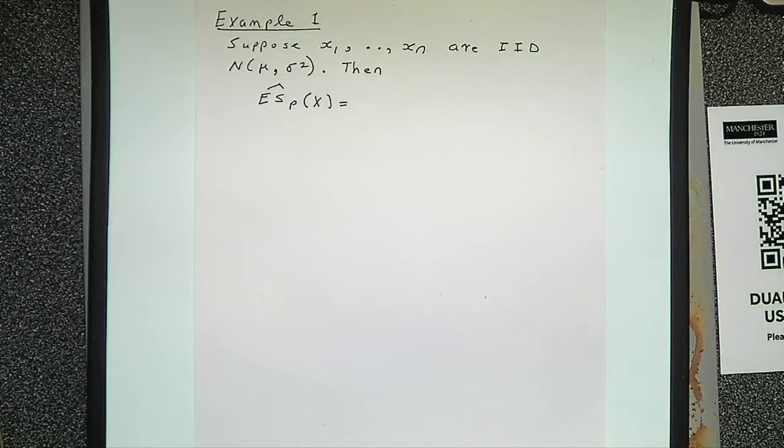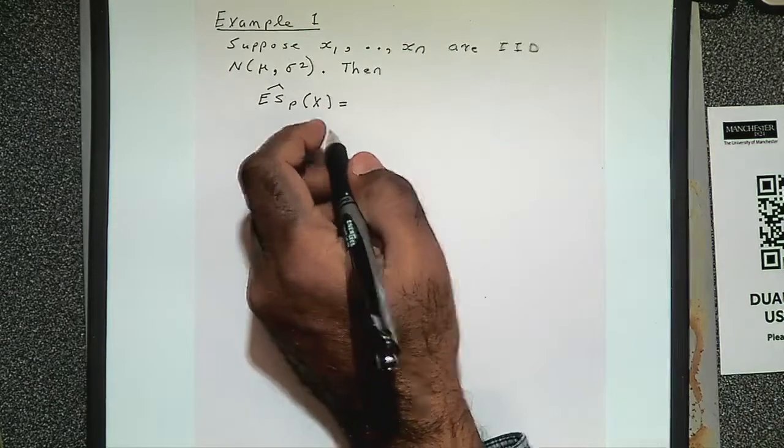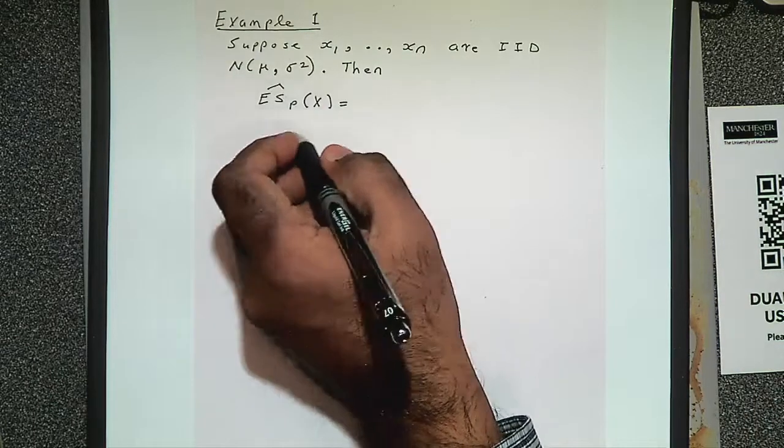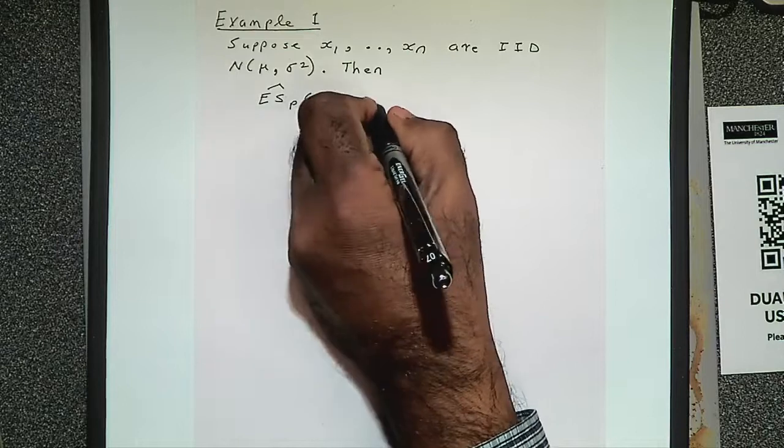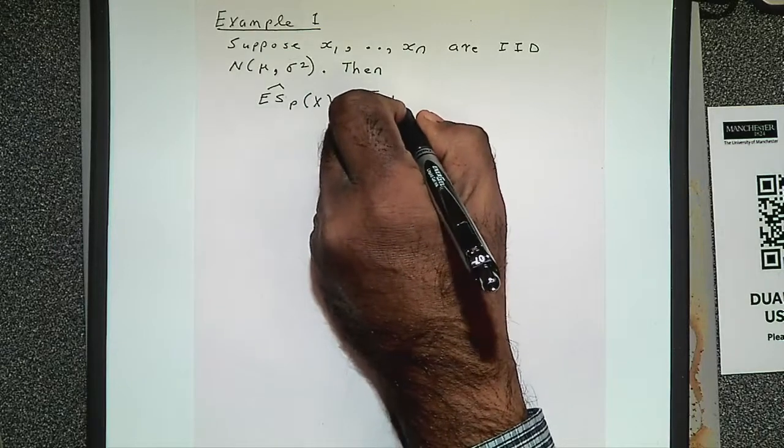All right. Suppose you have data from a normal distribution with these parameters, then we know that the expected shortfall is given by the following.